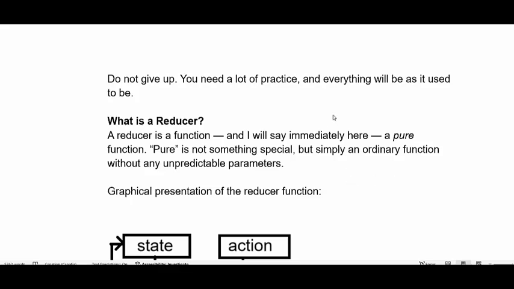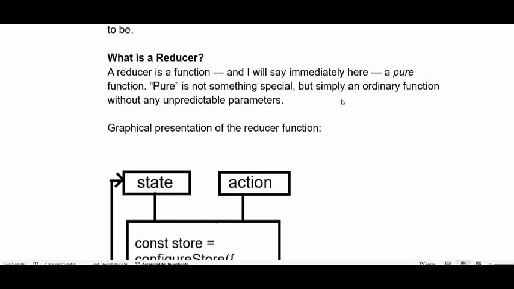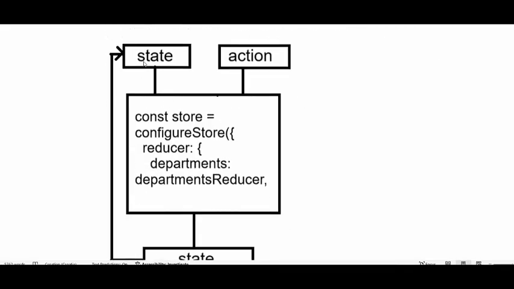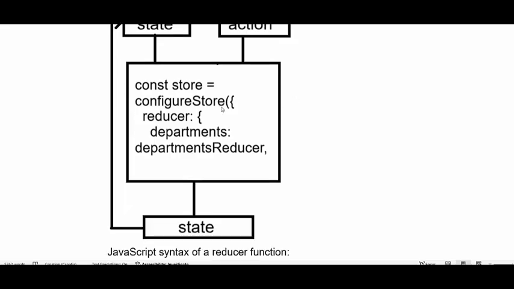What is a reducer? A reducer is a function, and I will say immediately here, a pure function. Pure is not something special, but simply an ordinary function without any unpredictable parameters. Graphical presentation of the reducer function. You see two inputs, state and action, and it is a reducer, and the output is a state.